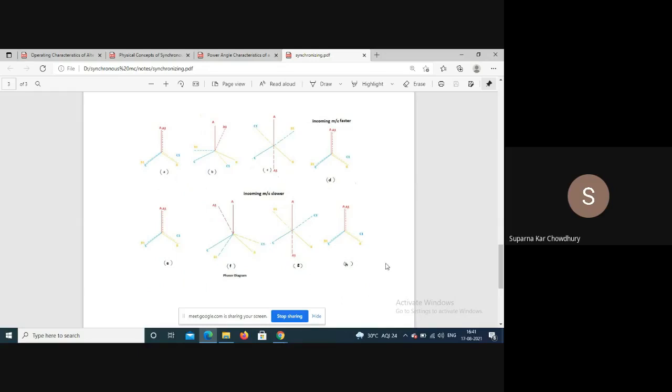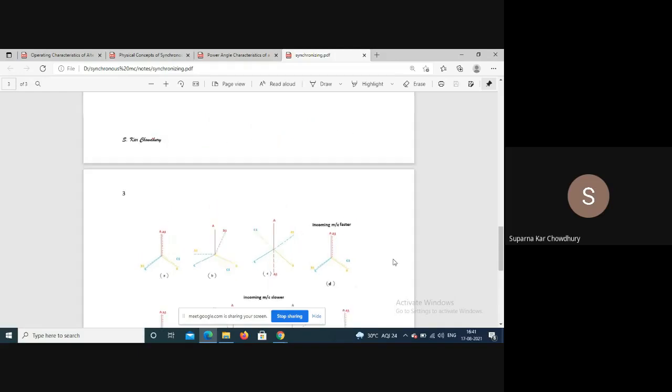So if all the three lamps flicker, then we know the sequence is not correct. So we can just interchange one of the terminals to correct the sequence. Now, if the sequence is same, then in the particular condition with the lamp across phase A dark and the other two equally bright, we connect the synchronizing switch.